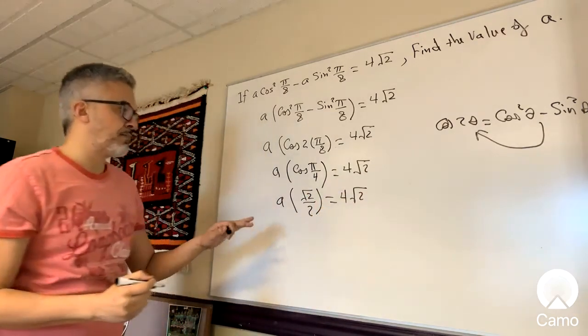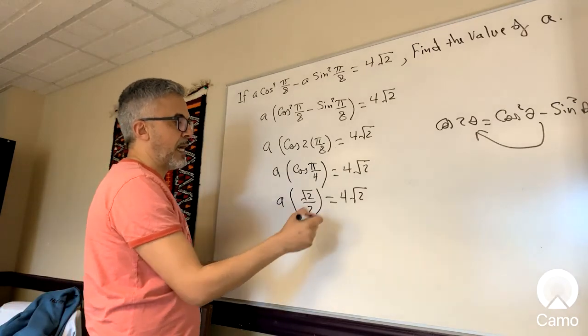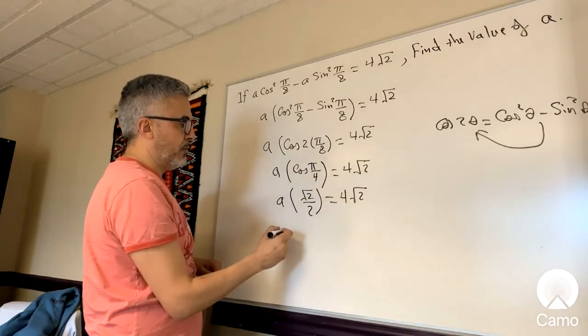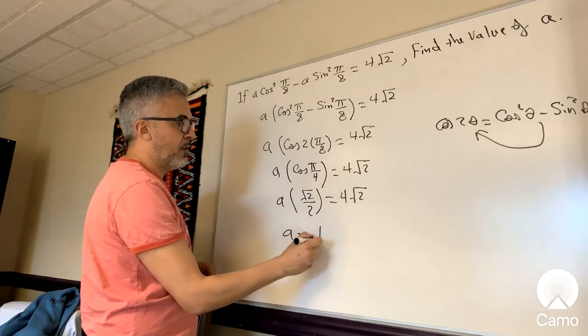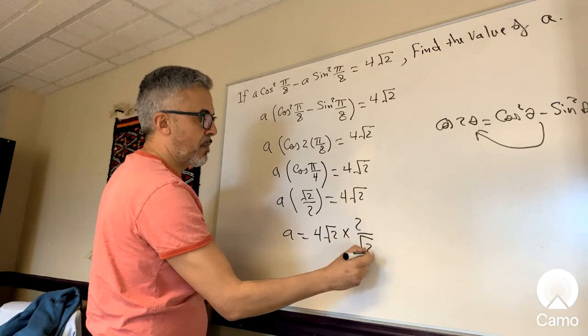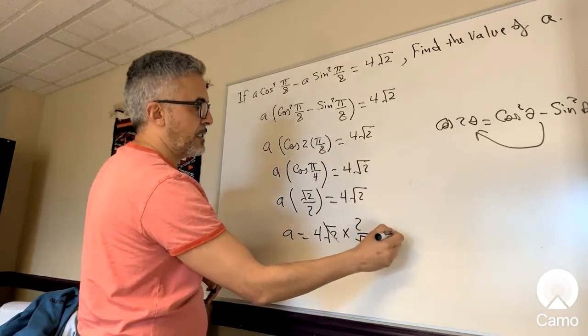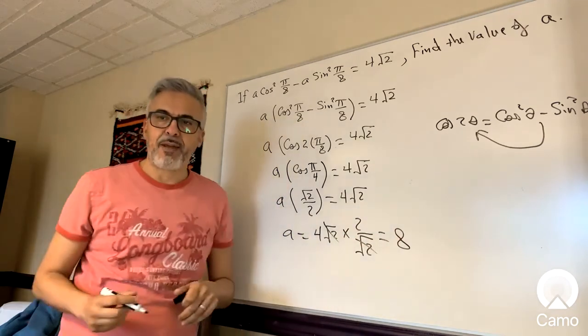Then you want to solve for a, so you would multiply both sides by 2/√2. So that gives me a equals 4√2 times 2/√2. The √2 will cancel, and then I'll just get 8. And that's my final answer.